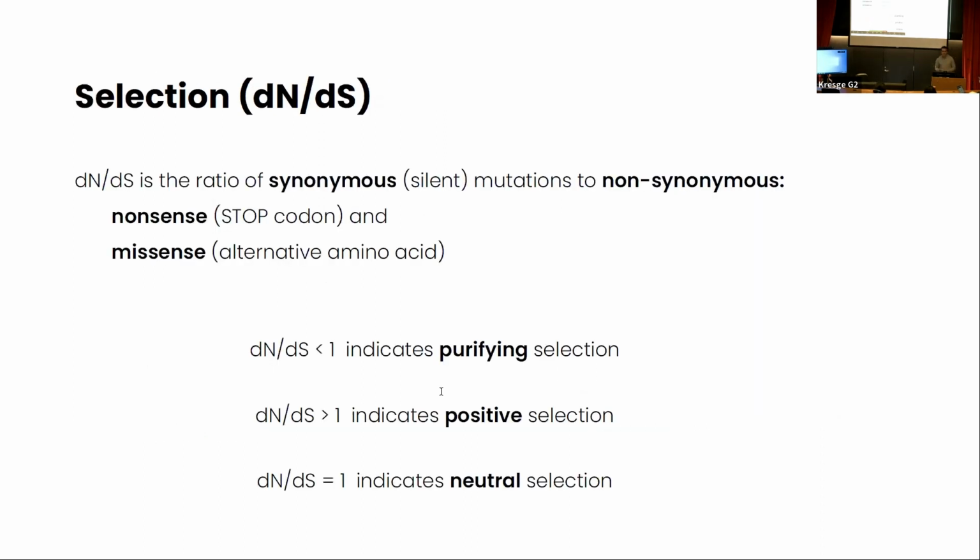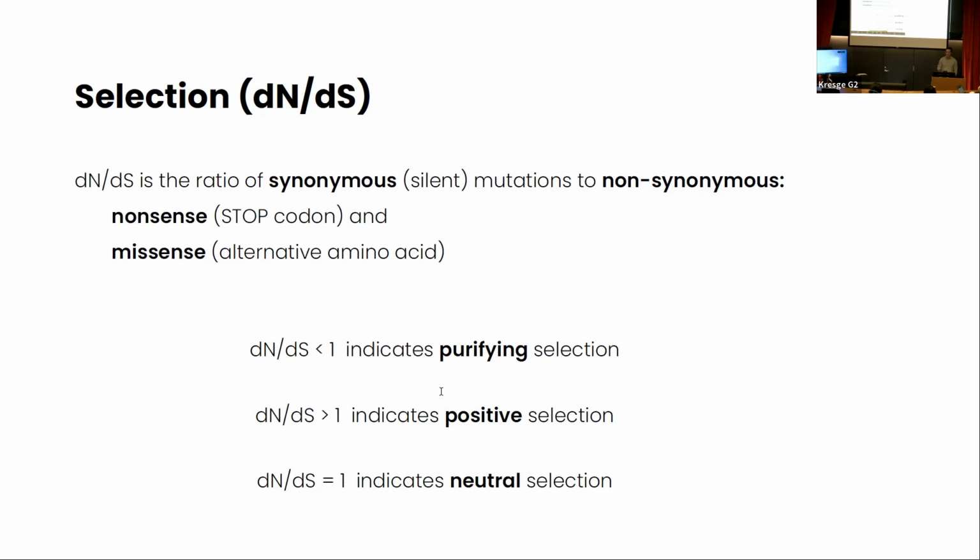To do this, we looked at dN/dS, which I'm sure a lot of people have already seen, but just as a reminder, it's the ratio of synonymous or silent mutations, that probably don't have a phenotypic effect, to non-synonymous mutations. These can include nonsense mutations, which essentially knock out the gene probably, and missense mutations, which might alter the function of the gene.